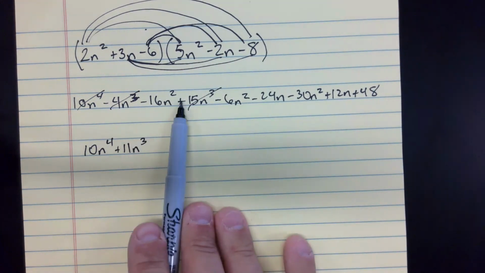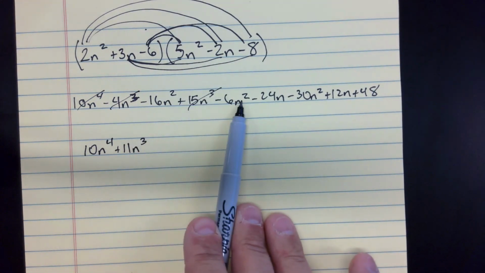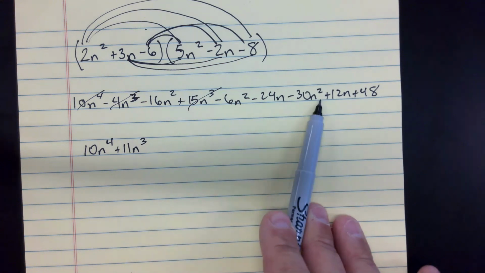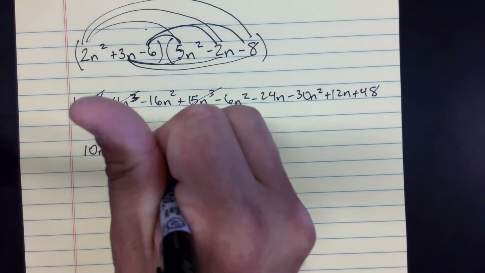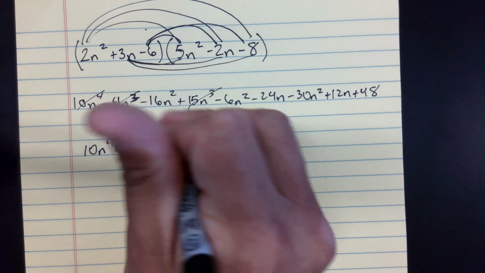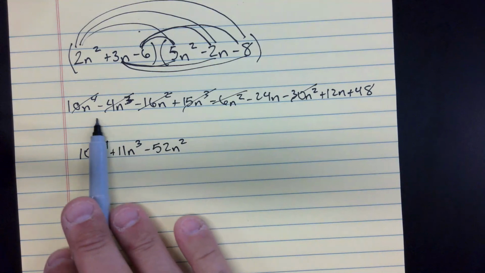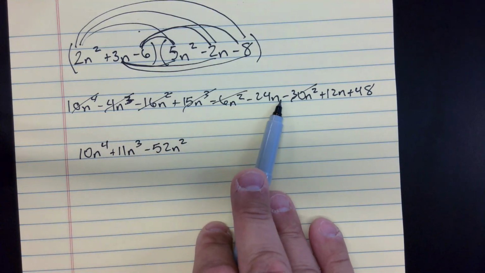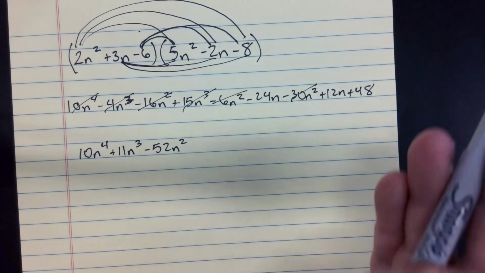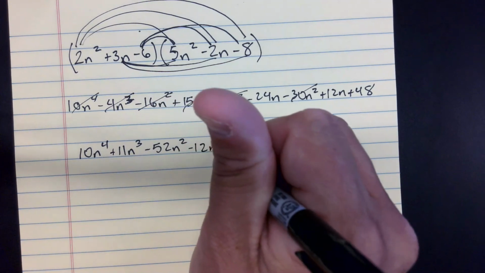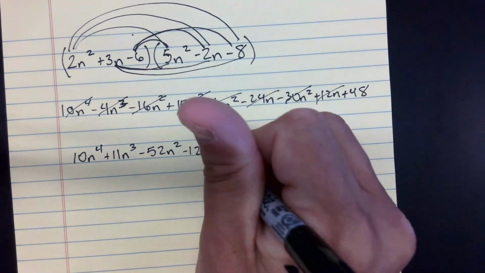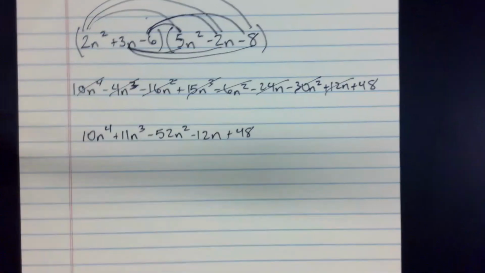We have a negative 16n squared, a negative 6n squared, and a negative 30n squared. Is that 52? Yeah. Negative 52n squared. And then we have a negative 24n and then 12n, which is negative 12n. And then a plus 48 on the end.